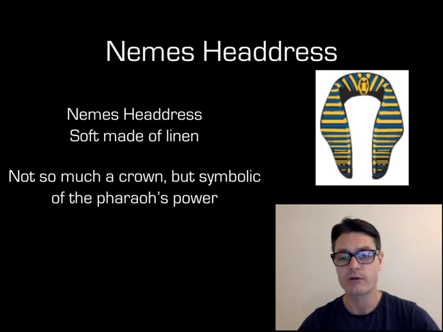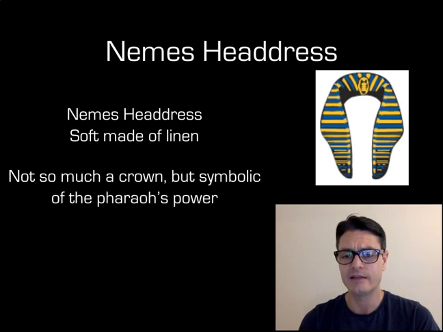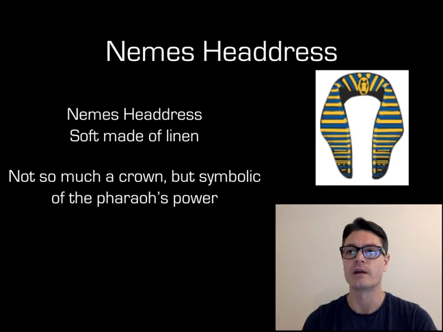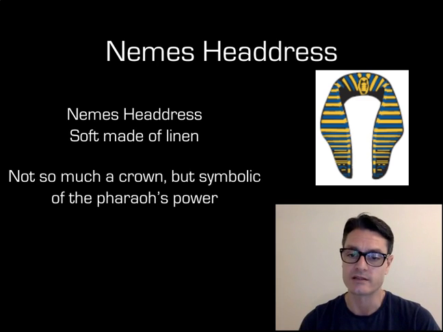So the next one we're going to have a look at is aspects of kingly regalia. Kingly regalia, or pharaonic regalia, is a good term to describe the collective images or ways that kings depicted themselves officially during this time period.